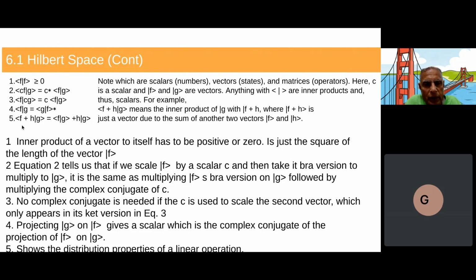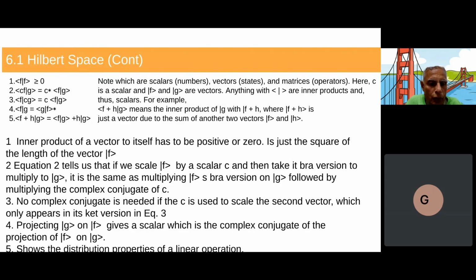So this fourth one is nothing but a projection. So projecting G onto F gives a scalar which is the complex conjugate of the projection of F. So when you do a projection of G on F versus F on G, it is going to be the complex conjugate. That is what the Hilbert space requires and satisfies.